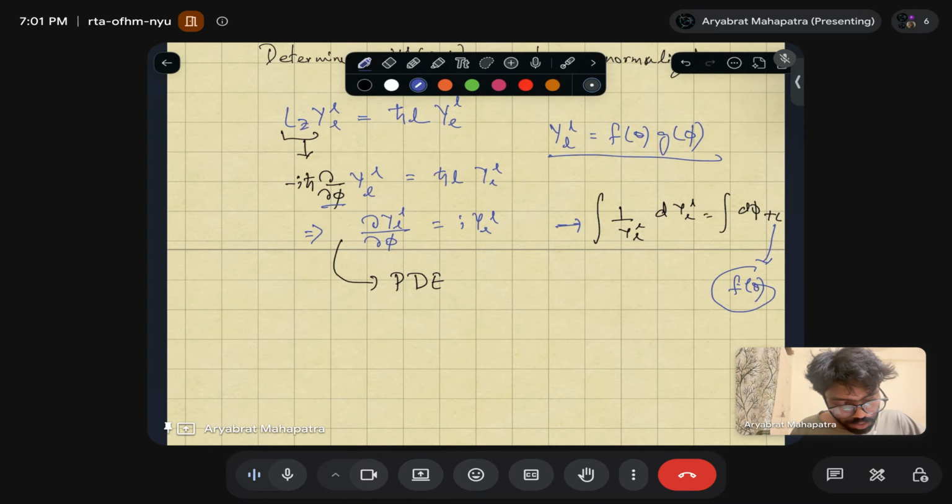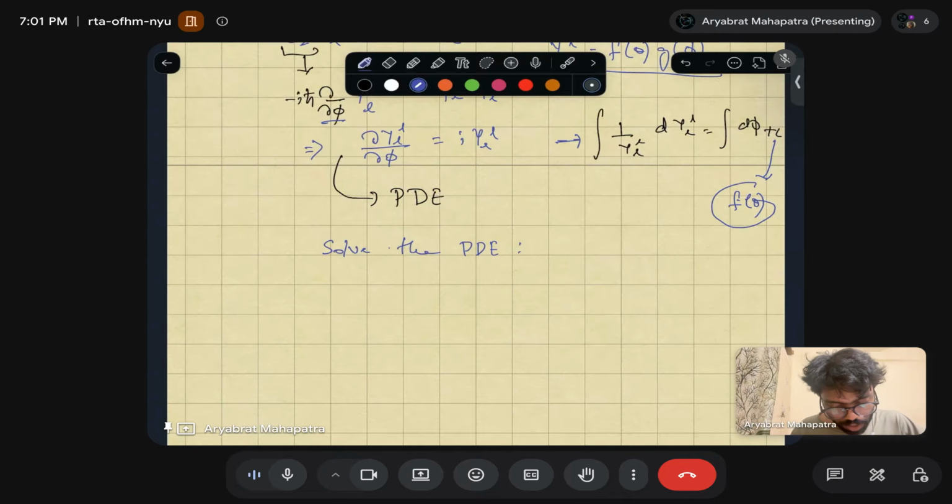So again, if you solve the partial differential equation, Y_l^l of theta and phi can be given in terms of f of theta.